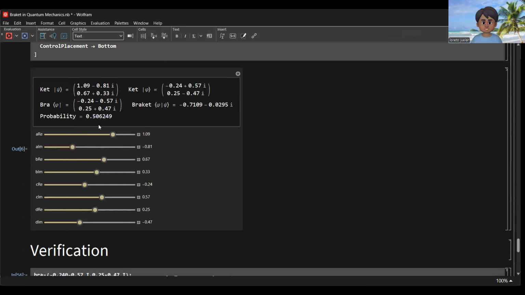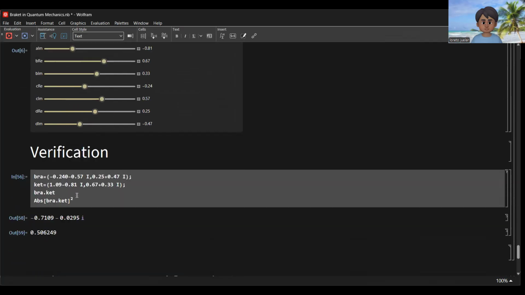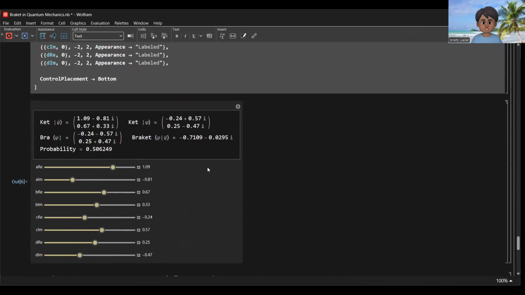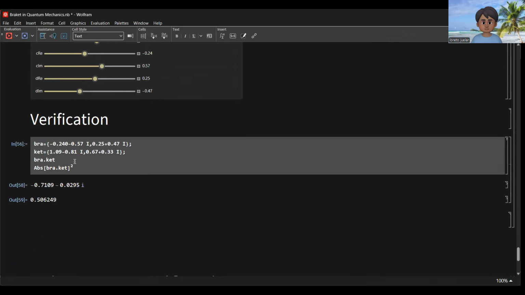That is negative 0.7109 and negative 0.0295i. We have the probability here. The amplitude is negative, but the probability is always positive: 0.506249.